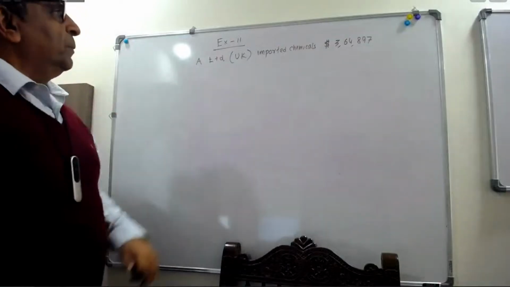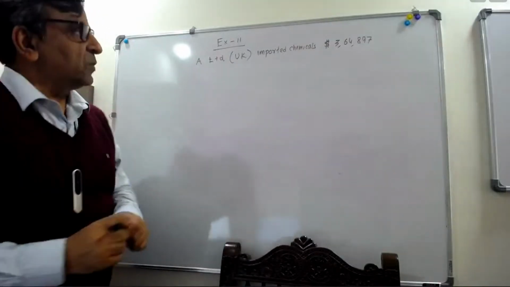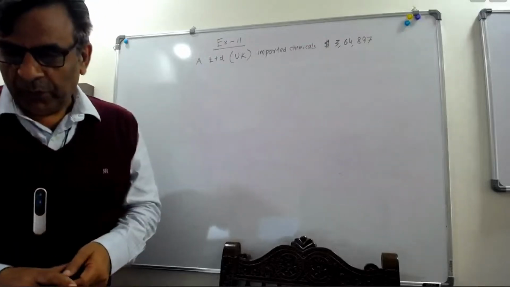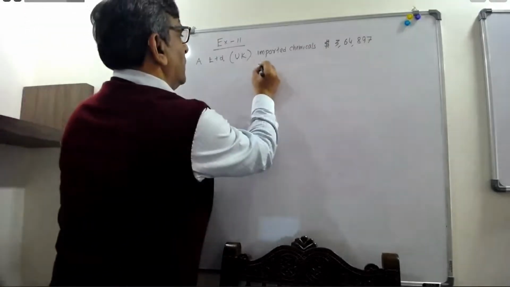So this is the company which has imported chemicals amounting to $3,64,897. The amount is payable in 6 months.